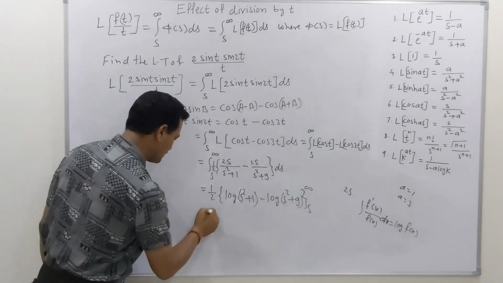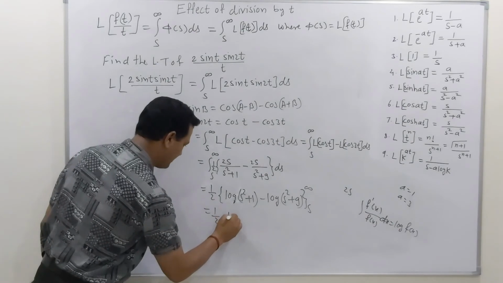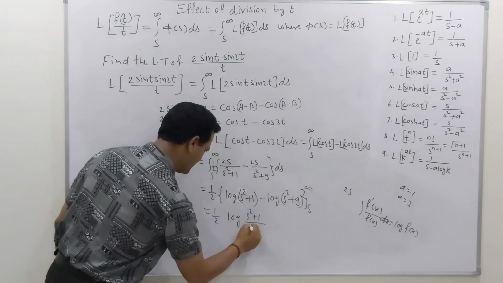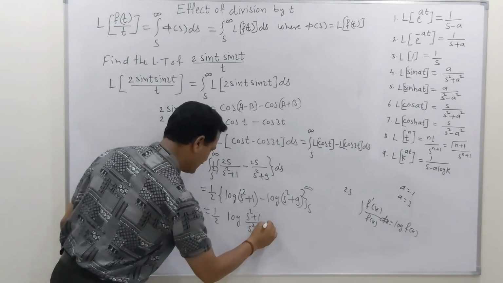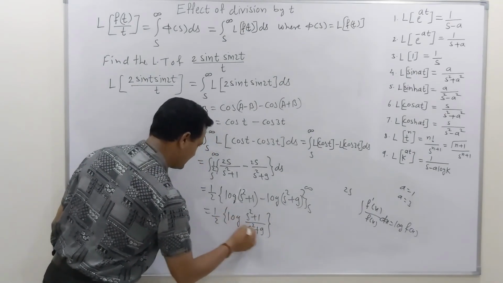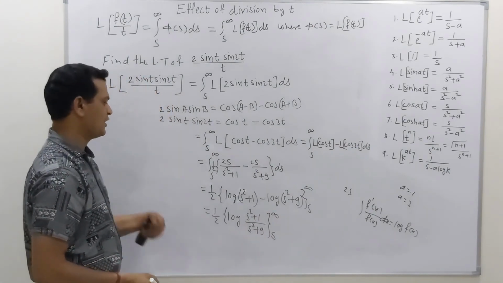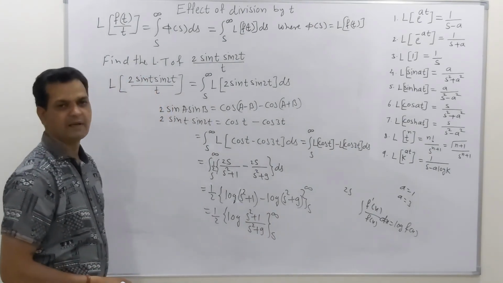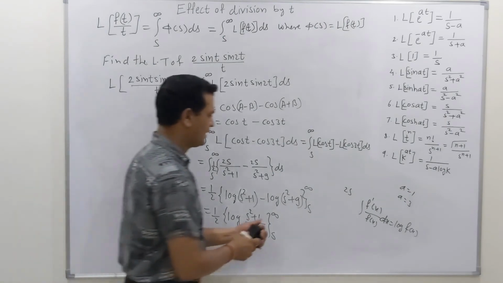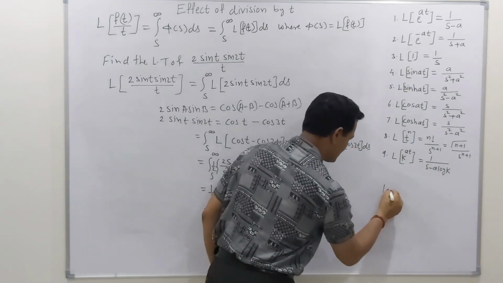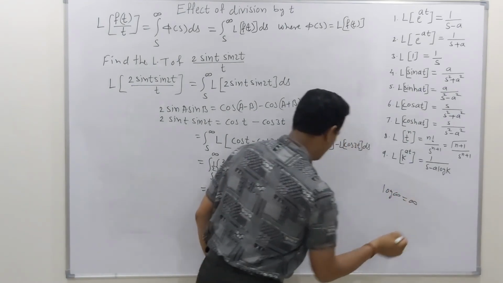So again, according to the logarithmic formula, we can write this as log of s square plus 1 upon s square plus 9 and its limit is s to infinity. So if we try to put the value of upper limit, then we get this value as log of infinity.